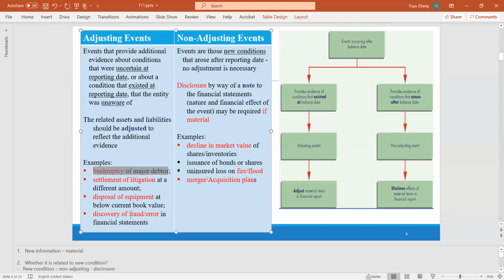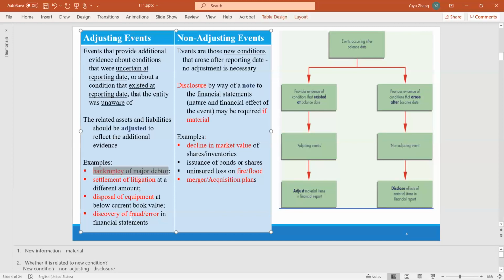Because the litigation was there, the terms and conditions of the settlement should have existed before the balance date, but you only know the result. The result has only been formally issued after the balance date. Therefore, the new settlement decision of an existing litigation would also be recognized as an adjusting event.